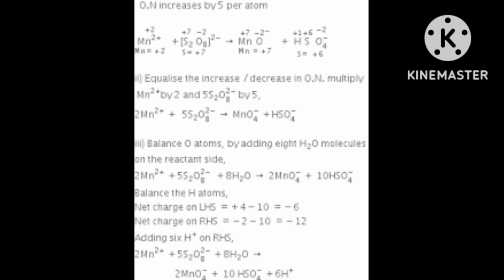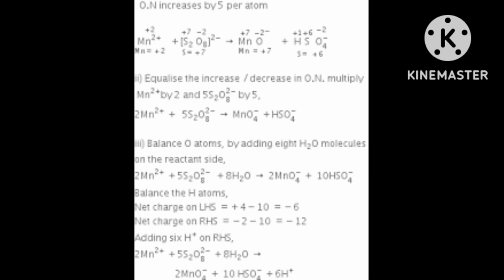Then 2 OH you are adding. Add 2 OH ions on the right side, because it was becoming more. There was 13 positive, then 13 positive and minus 2 OH, then it will become 13 minus 2, that will become 11.